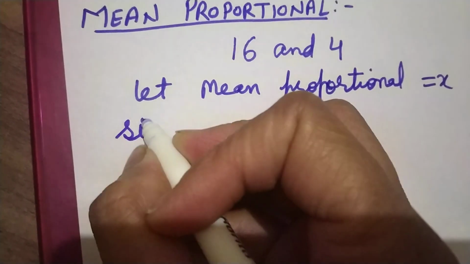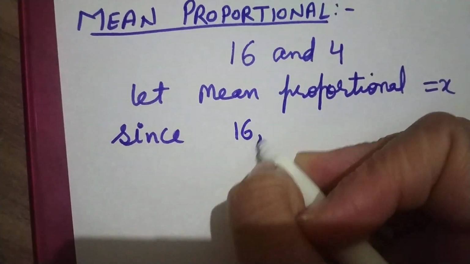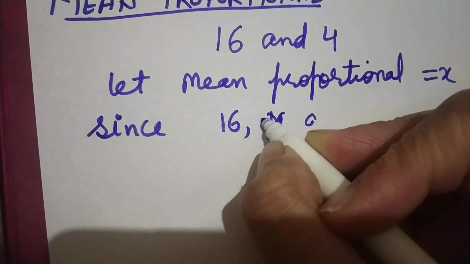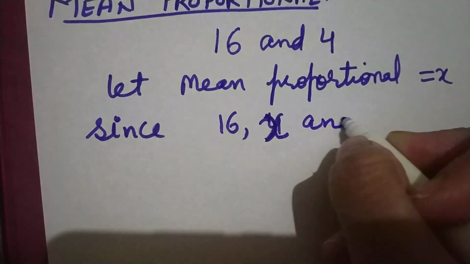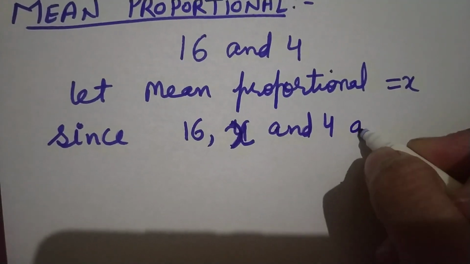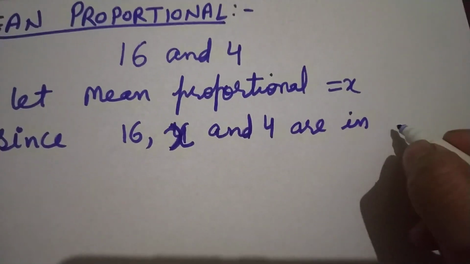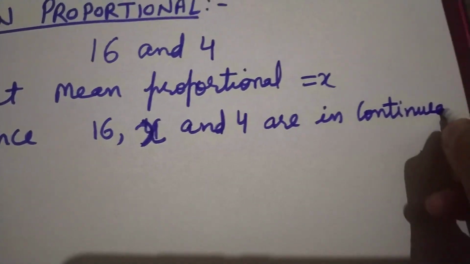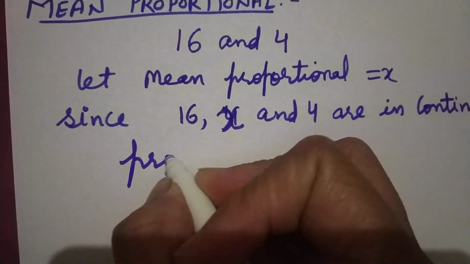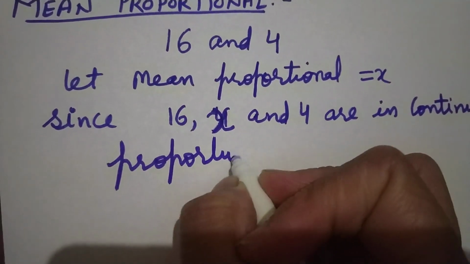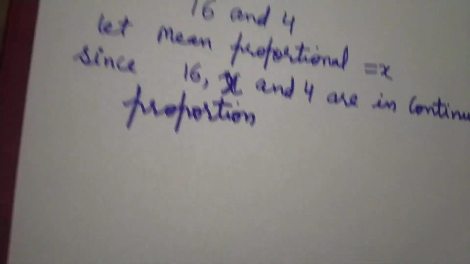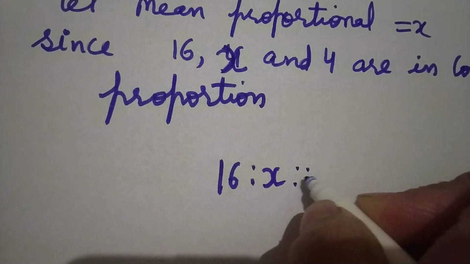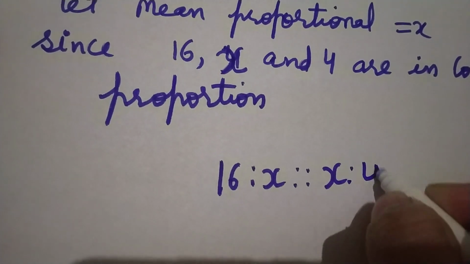Since 16, x and 4 are in continued proportion, 16 ratio x is proportional to x ratio 4.